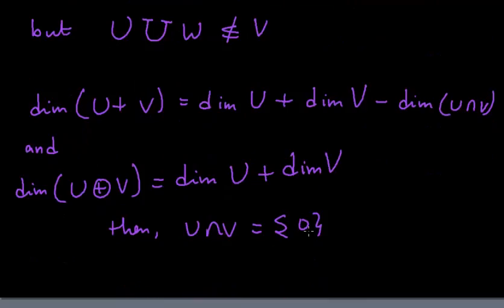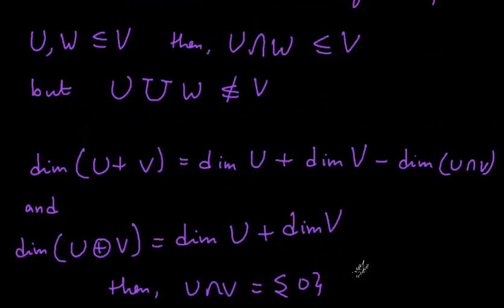And if 0 is the only element, we say the dimension is 0. The dimension of U intersection W equals 0.